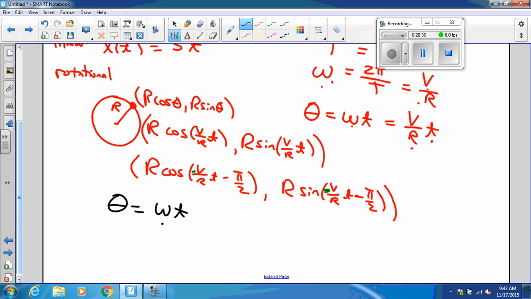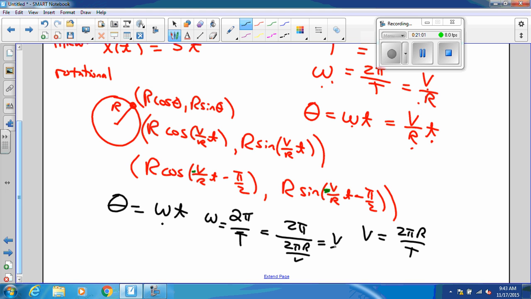The angle changes at a rate of 2 pi radians for every rotation. But the period of rotation we can figure as, because the velocity equals 2 pi r over period, we can figure the period of rotation as 2 pi r over the velocity. And so we get the angular speed is v over r.